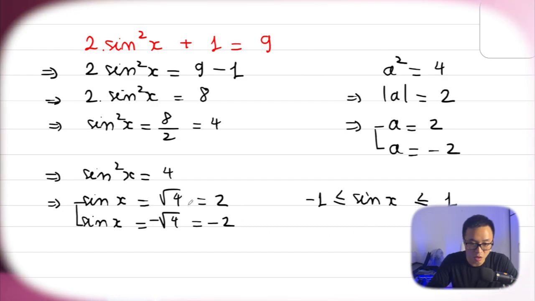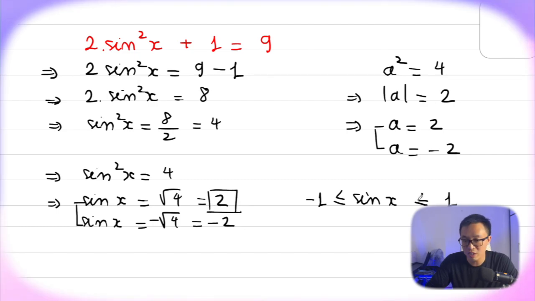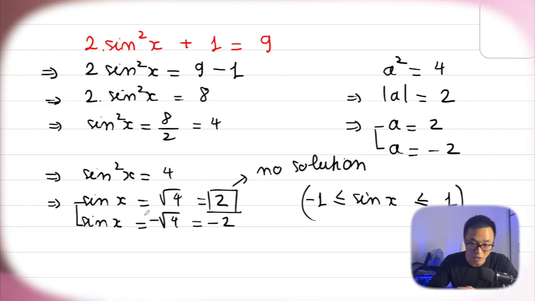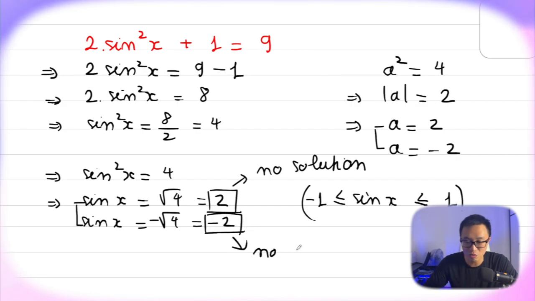If sine h equals 2, this is outside of this range, so sine h equal to 2 means no solution for this case. For the same reason, for the second one, sine h equal to minus 2, minus 2 is outside of this range. It has to be greater than or equal to minus 1, but minus 2 is less than minus 1. So for the second one, no solution for this case.